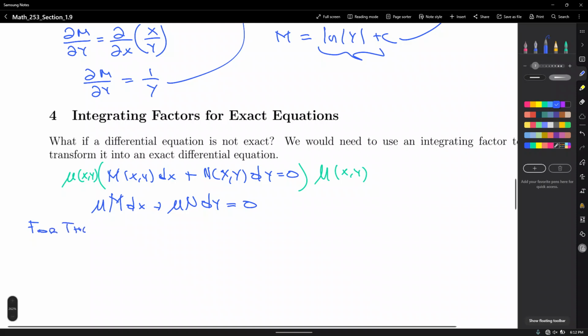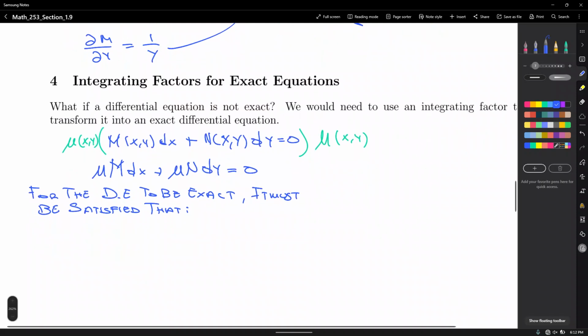For the equation to be exact, it must be satisfied that the partial with respect to y of mu m equals the partial with respect to x of mu n.